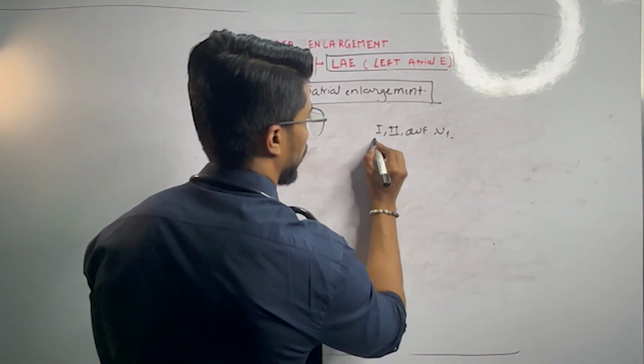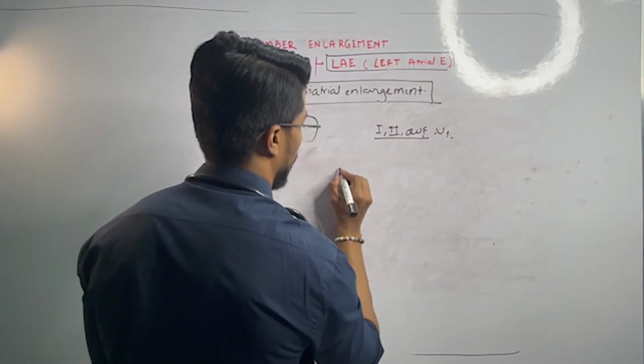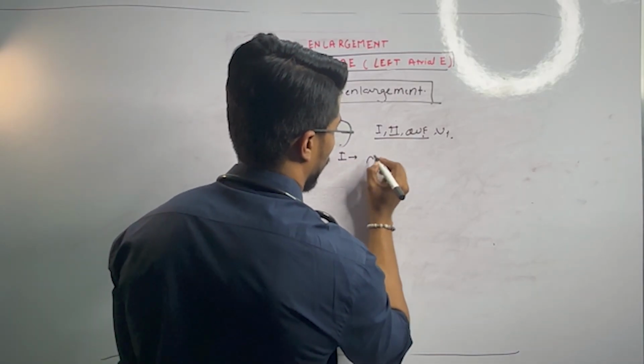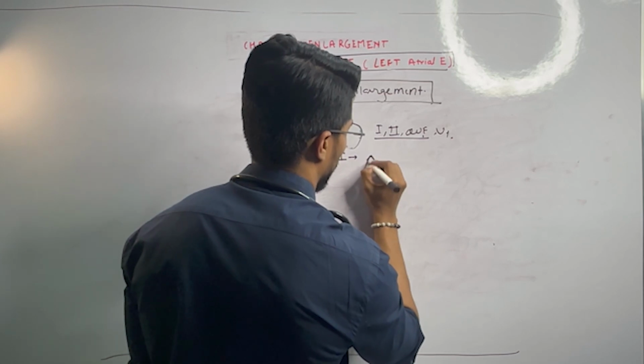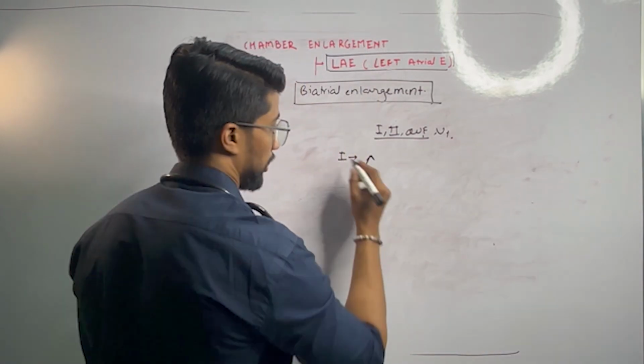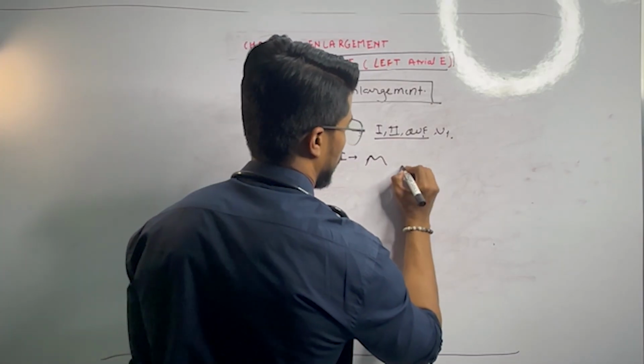So because of your right atrial enlargement, let's say lead 1 will have a tall P. So forget the right atrial enlargement; let's say all the leads will have this kind of picture.